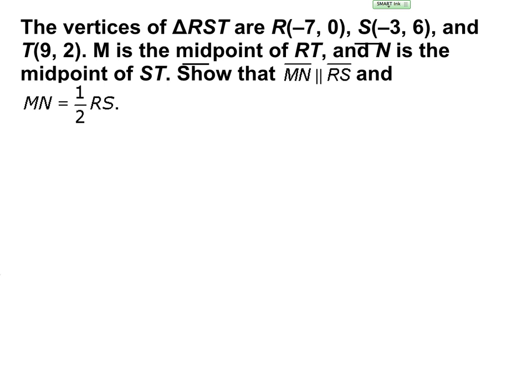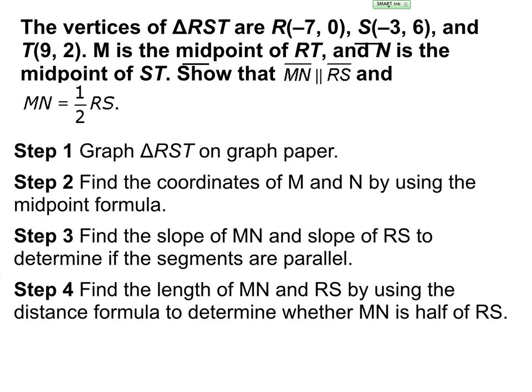You know how to do that. What did you write in your notes? What do you have to do on that problem? First we did what? Okay, well, first thing I did was graphed it. That might just help you keep track of what you're doing. So make a graph of it. Then we found the coordinates of the midpoints, midpoint formula.